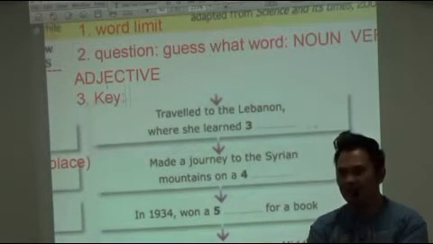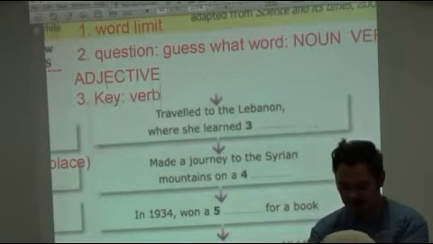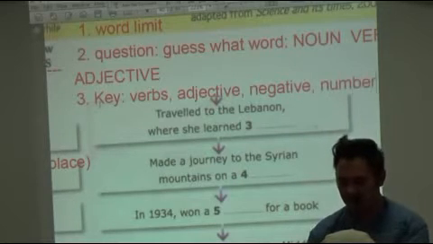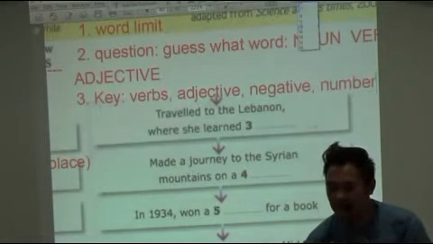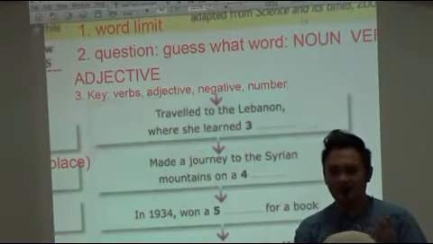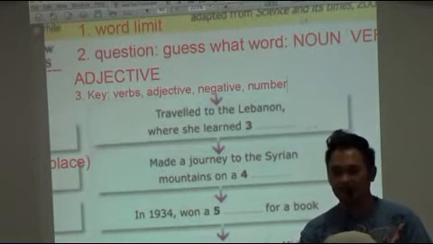Remember, what are key? Verbs, adjective, negative, and number. Good. They are very important because they will paraphrase that. Everybody say key. Verbs, adjective, negative, number.